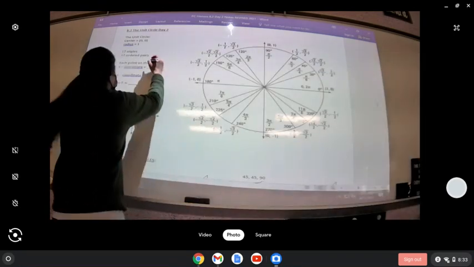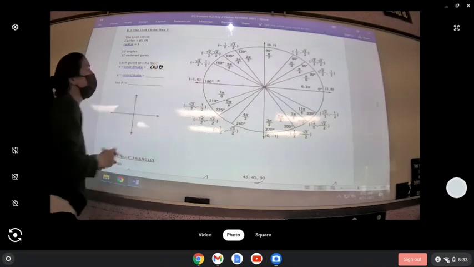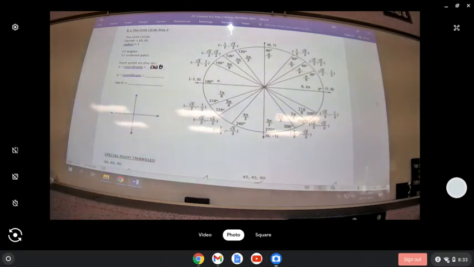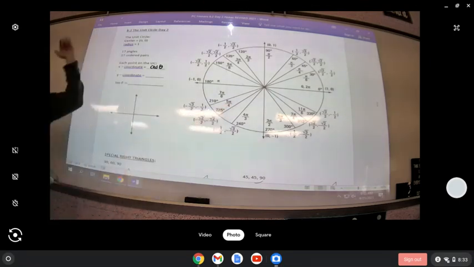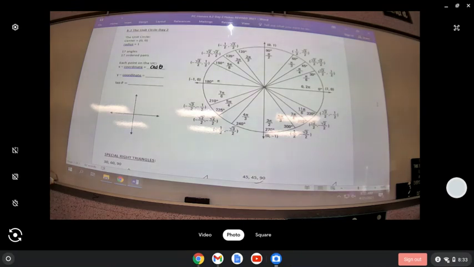It represents the cosine of that angle. So if I ever asked you in the future, what's the cosine of 5π/4? You'd go to 5π/4, and the x-coordinate is negative root 2 over 2. So if you have this circle handy, it has every answer to all of these special trig ratios that we're ever going to ask you. So it is a great tool.